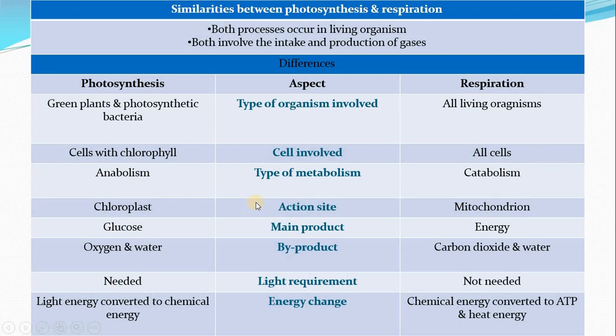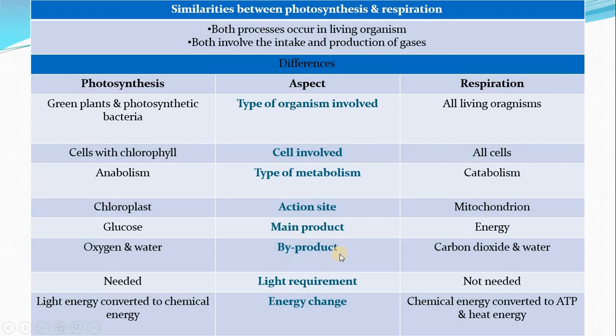Action site: photosynthesis occurs in the chloroplast, and respiration occurs in the mitochondrion. The product of photosynthesis is glucose, and the product of respiration is energy. The byproduct of photosynthesis is oxygen and water, and for respiration it is carbon dioxide and water.